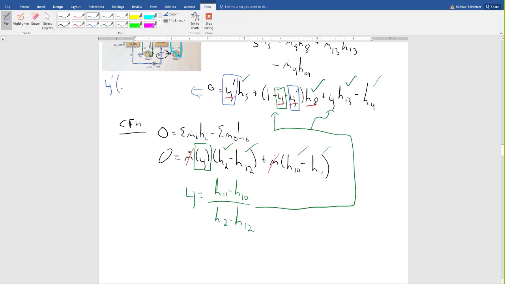This is minus, so this would be H8 minus H5 is equal to the stuff without Y prime in it, 1 minus Y times H8 plus Y times H13 minus H9, right? So I divide both of these things, right? So I take this out and divide this by H8 minus H5. So that would give me Y prime.